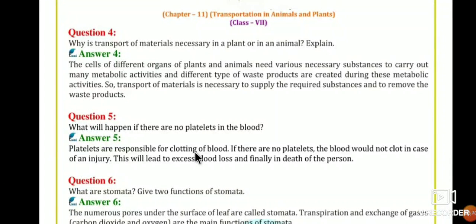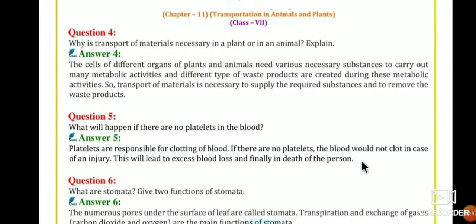If you fall down and get a wound, the blood would continuously flow and be completely lost. To avoid that, platelets clot the blood where the wound is, where the blood is coming out, automatically.